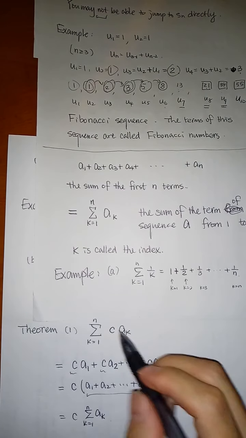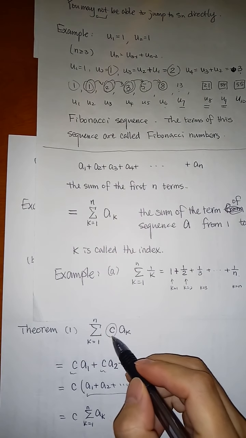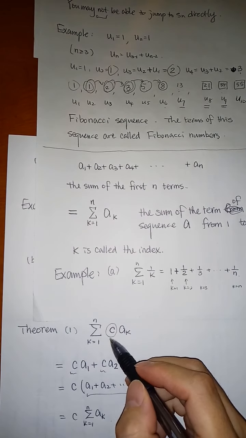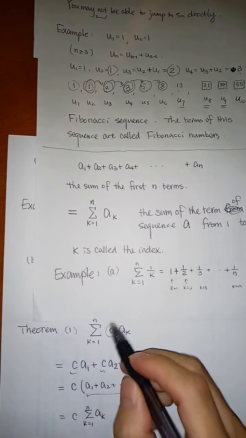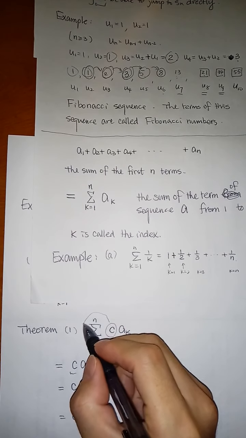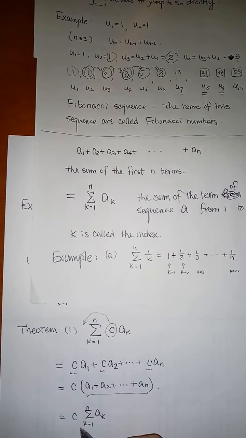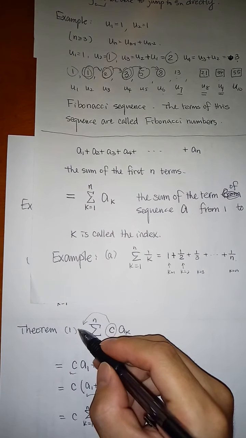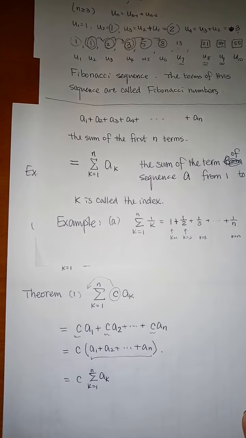So what this means? This means when you have a constant coefficient inside the sigma, you can move it forward like factorization. Okay, when you have a constant, you can move it forward.